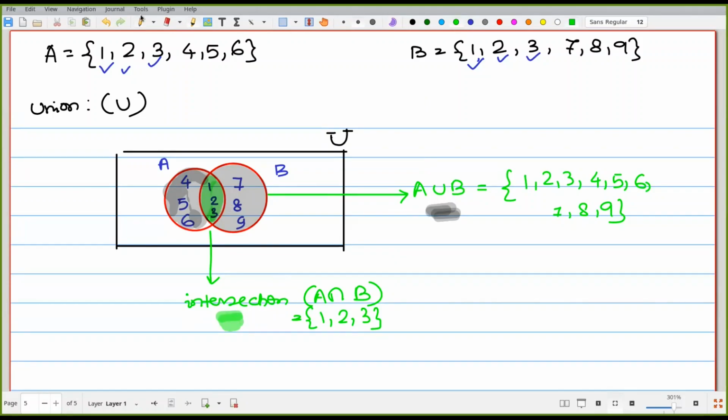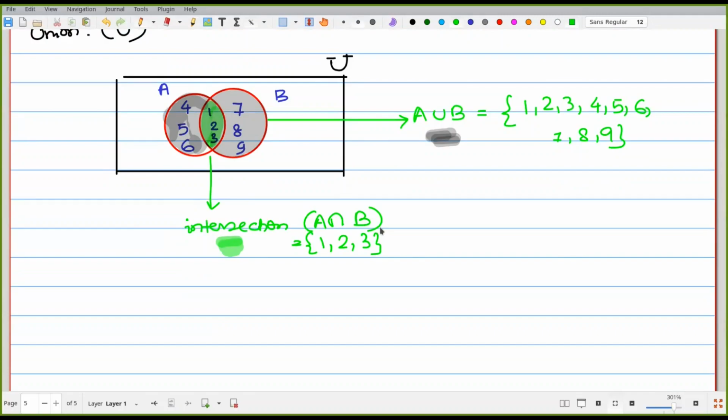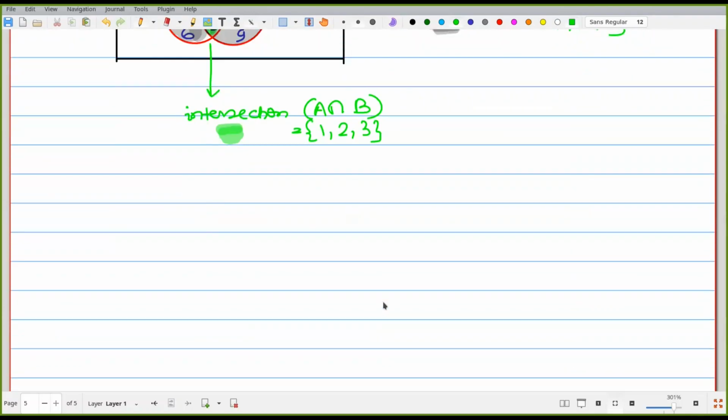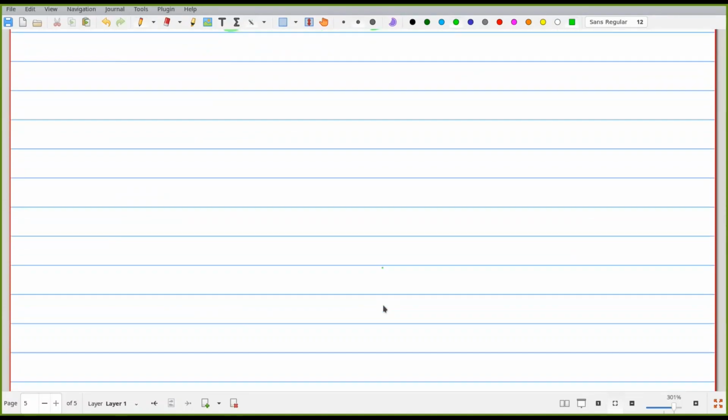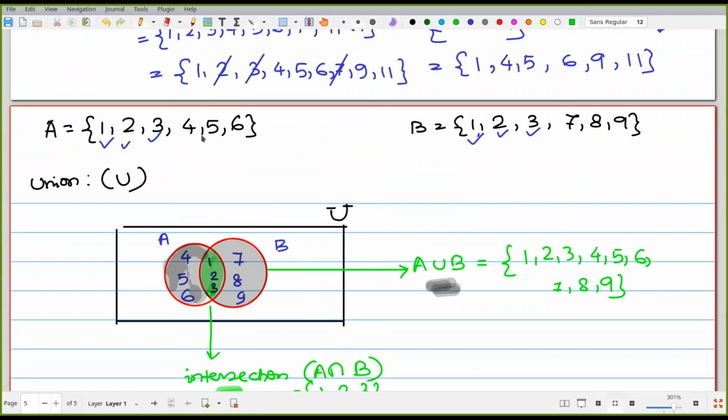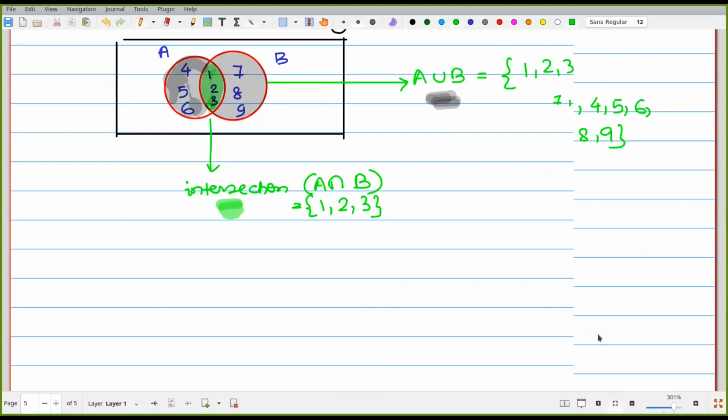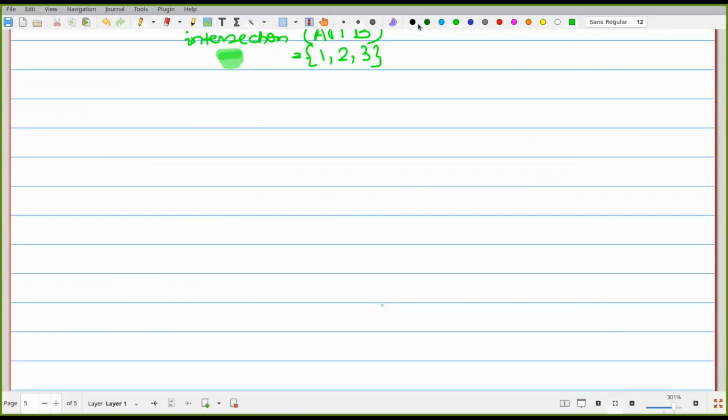Okay, now suppose we have three sets, that will be discussed later. At first, the third operation, that is difference, how we can proceed. Once again look at 1, 2, 3, 4, 5, 6 and 1, 2, 3, 7, 8, 9. So what should be the difference?